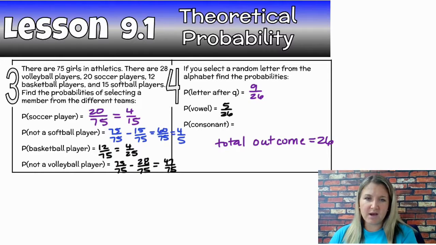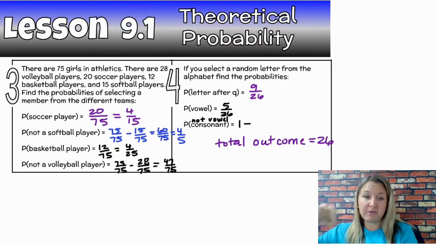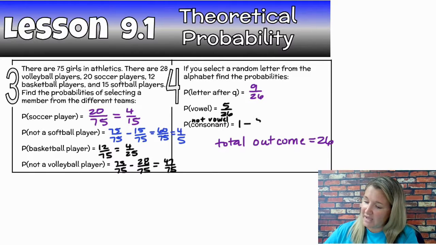Now let's talk about a consonant. So a consonant is going to be not a vowel. Basically, it's the same thing as a consonant. Now, what makes it nice is that I don't have to count these up because I can say 1 minus the probability of a vowel, which is 5 over 26.